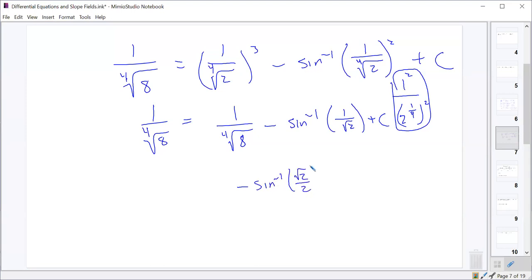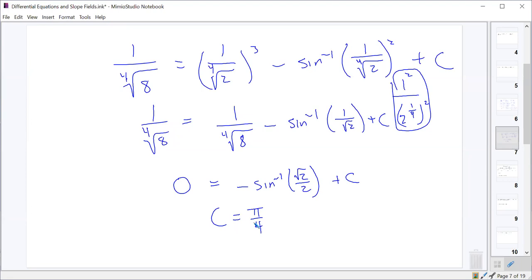And the 1 over the fourth root of 8 and the 1 over the fourth root of 8 should cancel. And so that should give us a constant of what? What's the inverse sine of root 2 over 2? Pi over 4.